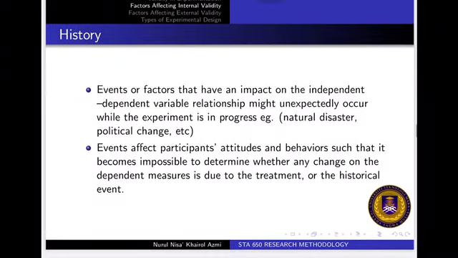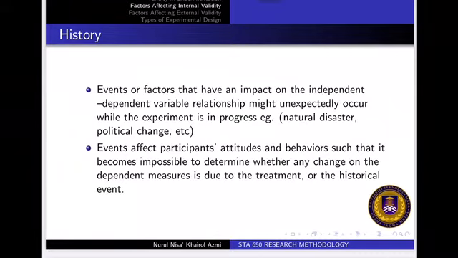Okay, so what are the factors that affect the internal validity and the external validity? So I will explain first the factors affecting the internal validity. Okay, first is the history. Events or factors that have an impact on the dependent variable relationship might unexpectedly occur while the experiment is in progress.